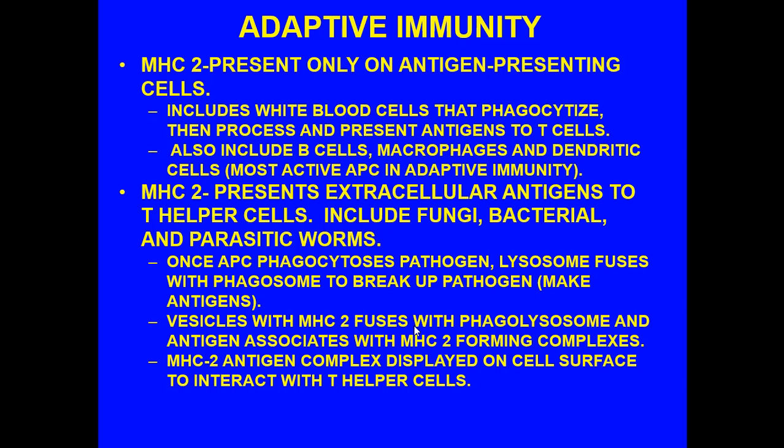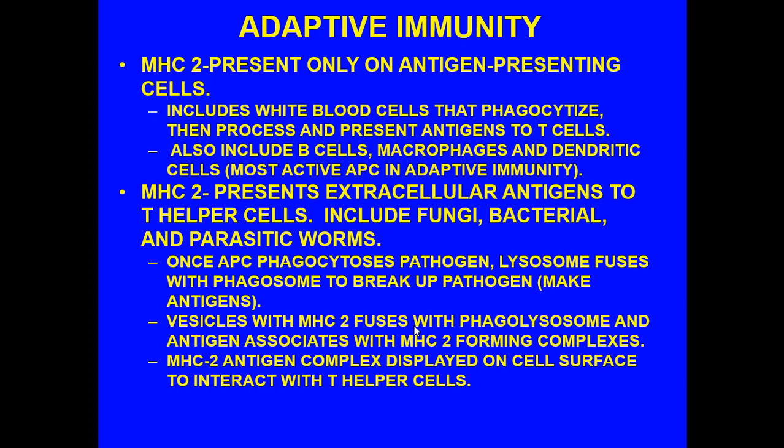Now, you have vesicles with MHC2 that will fuse with this phagolysosome. And what MHC2 will do is grab onto some of the antigens and form complexes. And then the MHC2 antigen complexes are displayed on the cell surface to interact with the T helper cells. That seems a lot of complexity.